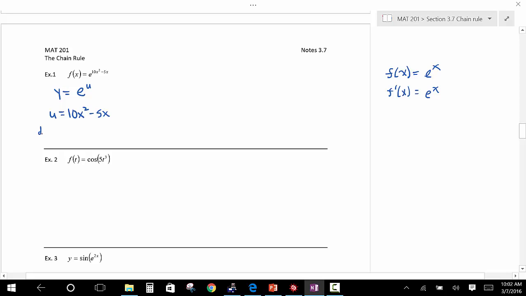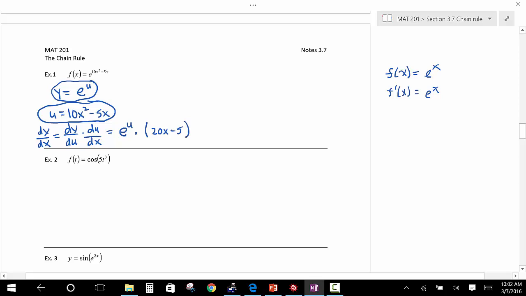So if we did dy over dx, we would do dy over du times du over dx. That's how you would do this. So, let's start this out. What is the derivative of e to the u? E to the u. We're going to multiply by the derivative of 10x squared minus 5x. What's that?